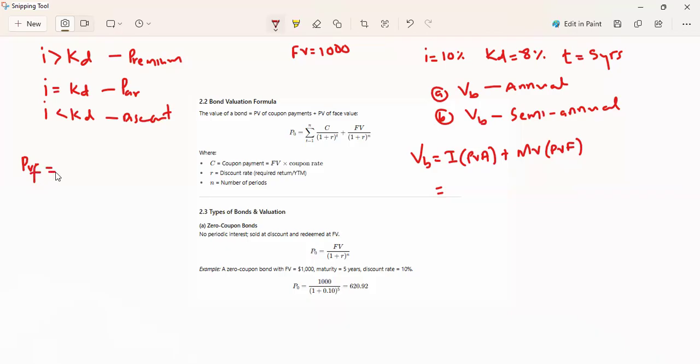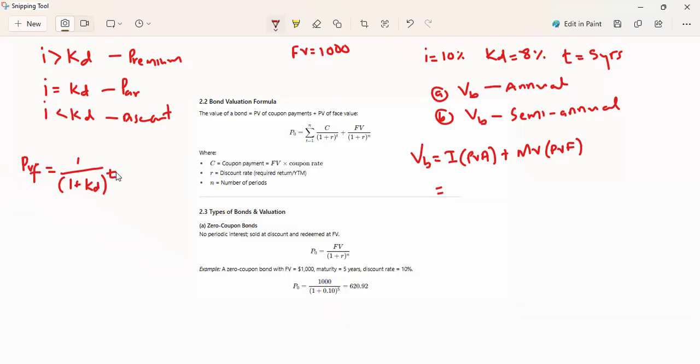It's 1 over the bracket, 1 plus R, to the power of time. Okay.